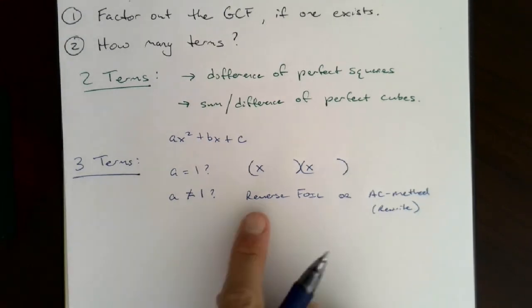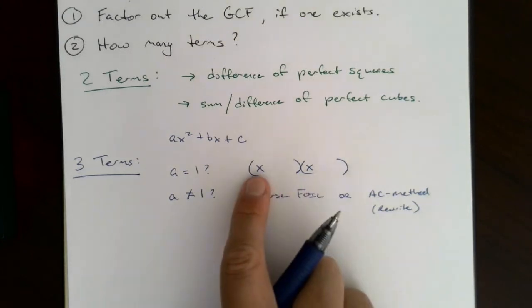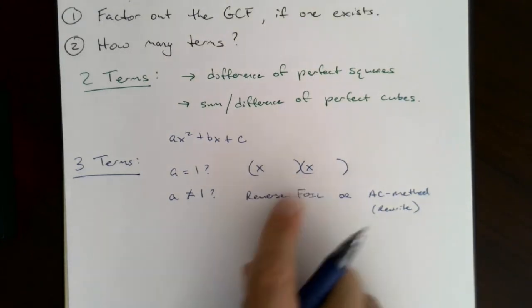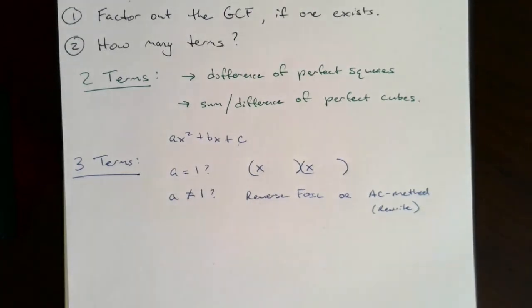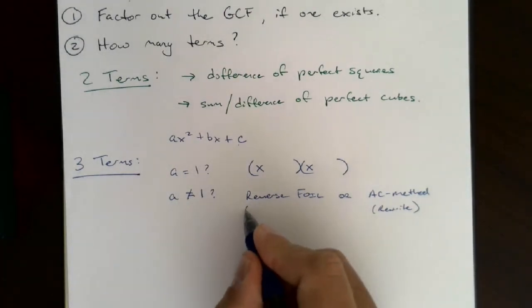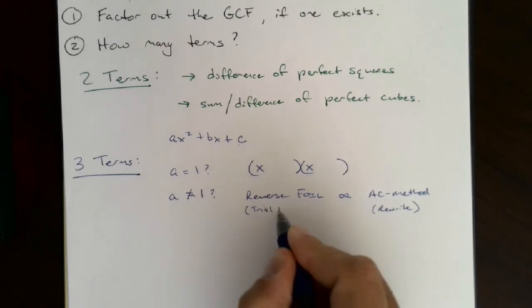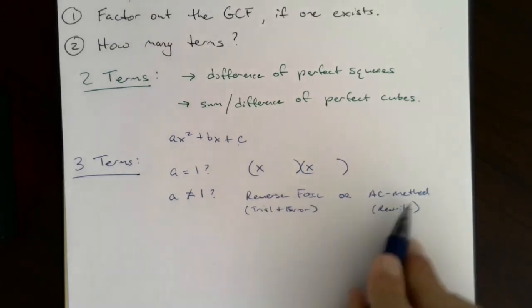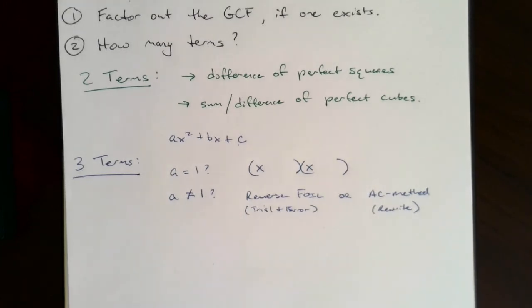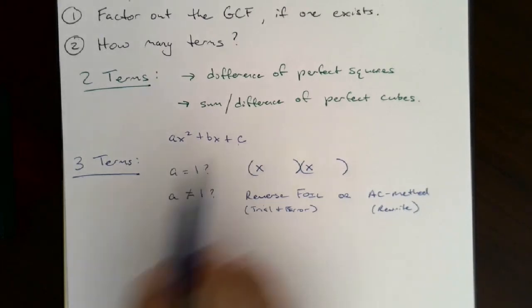If you use reverse FOIL, you'll set 2 sets of parentheses, but the coefficients of the x's won't just be x and x, and you can't just say what multiplies to ac and adds to b. You would have to actually do trial and error. Now you can use either one of these. Either is okay. Many students prefer the AC method because it's a procedure you can do over and over again. But if you prefer reverse FOIL, sometimes that's a little faster depending on what the factors of a and the factors of c are.